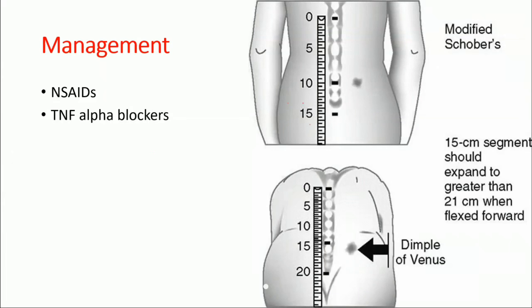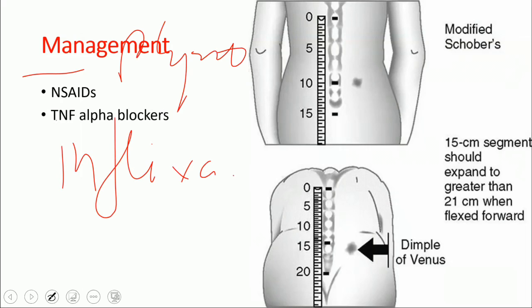Right. And you treat them with physiotherapy, which is very important in the management of these conditions. NSAIDs have a place, as do TNF-alpha blocker biologics. Infliximab is one of the commonly used drugs in this situation.